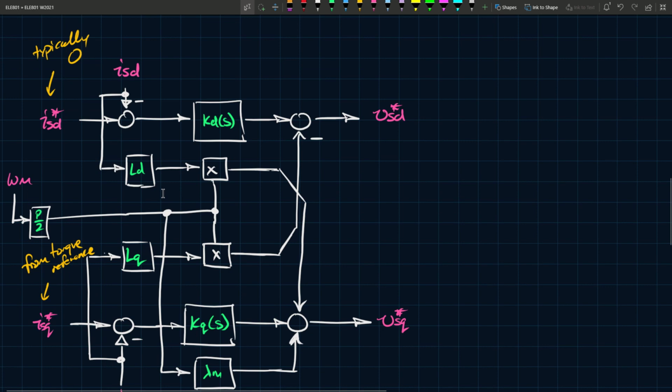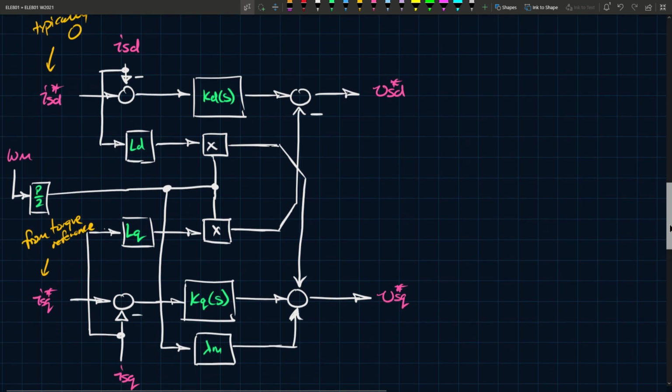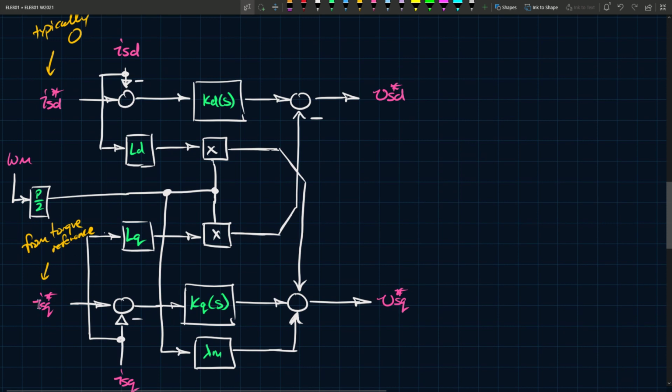But if you actually want to implement it, it should look more like this, because this considers the fact that your ISQ comes from a reference, ISD should be 0, and that we're actually generating VSD and VSQ references and not just UD and UQ, although the effect of the feed forwards is taken into account with these blocks here.